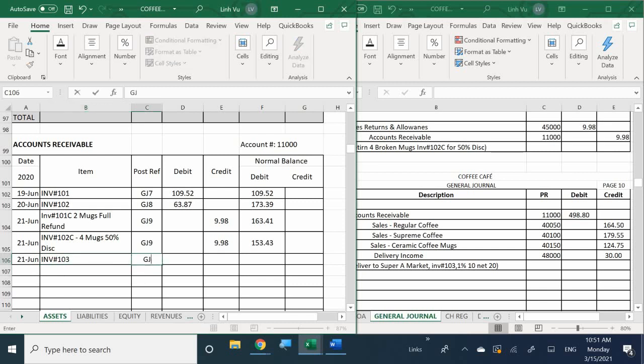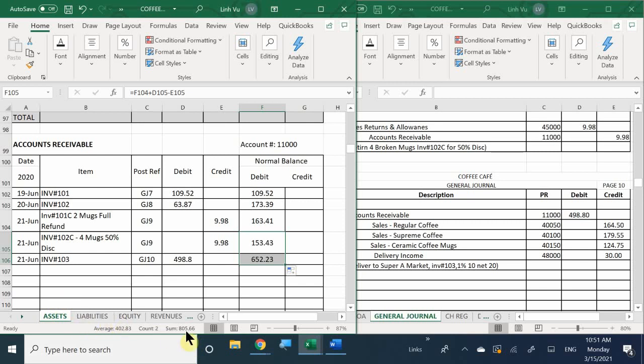General journal number 10. And for what amount? $498.80. So what is my new account balance? $652.23. Good. All right.